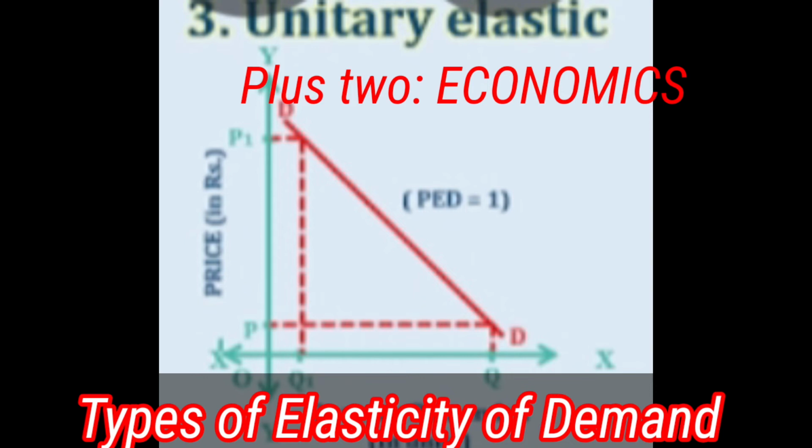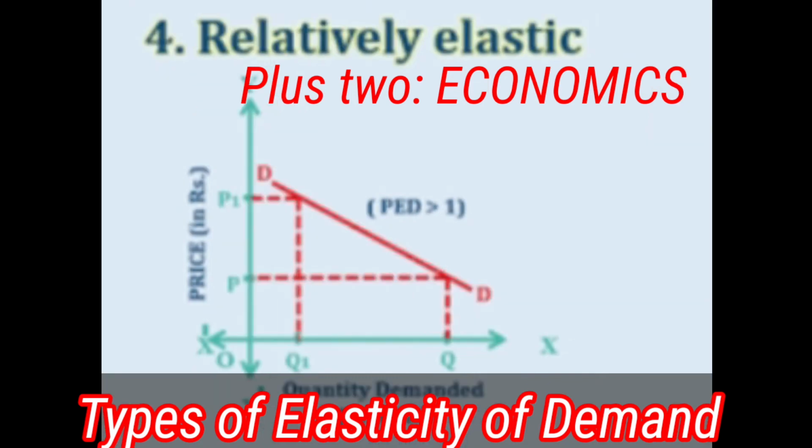Here the change in price P1 is equal to the change in demand D1, right? For example, a 5% change in the price of sugar will bring exactly a 5% change in the demand for sugar. So the change in price and change in demand happen to be equal.